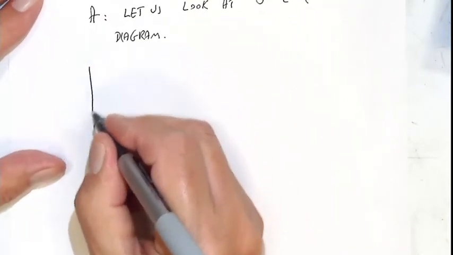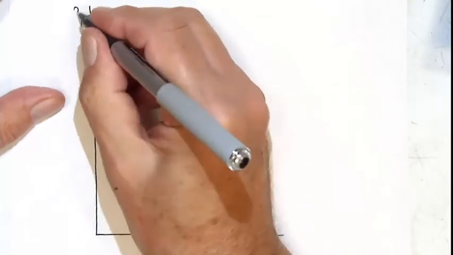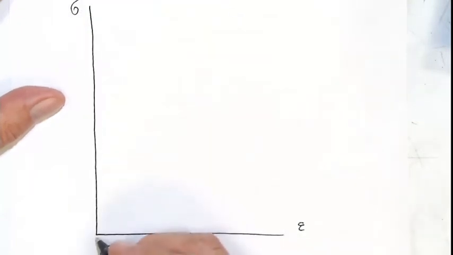So that is sigma, that is epsilon. So that is this diagram.